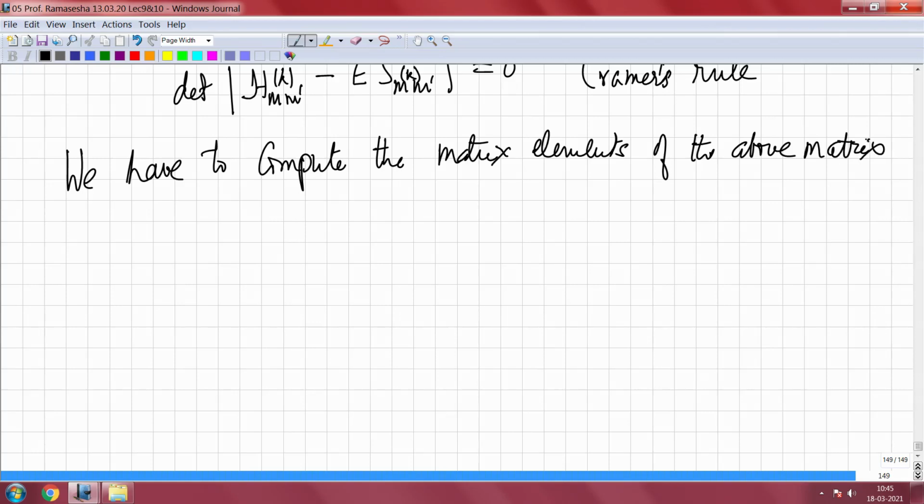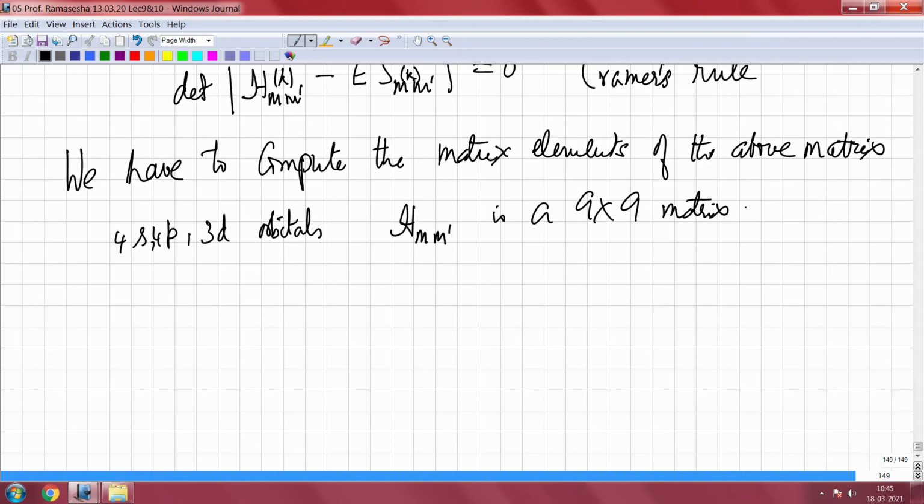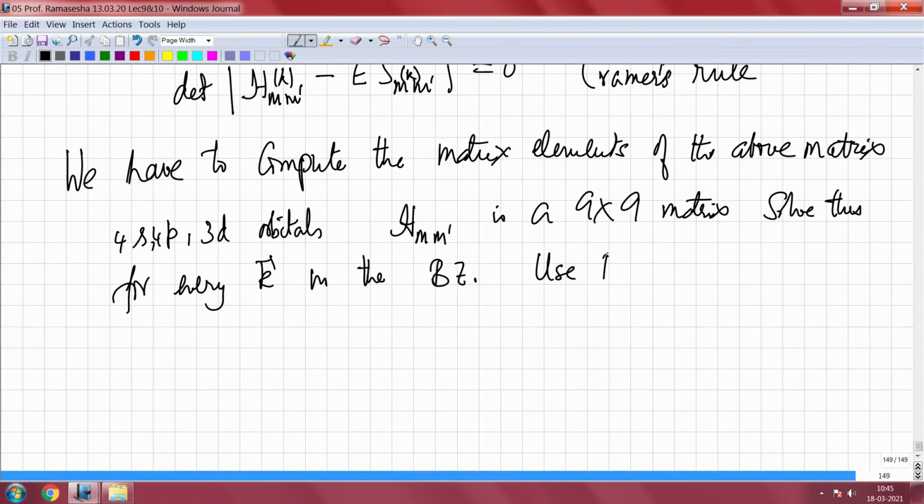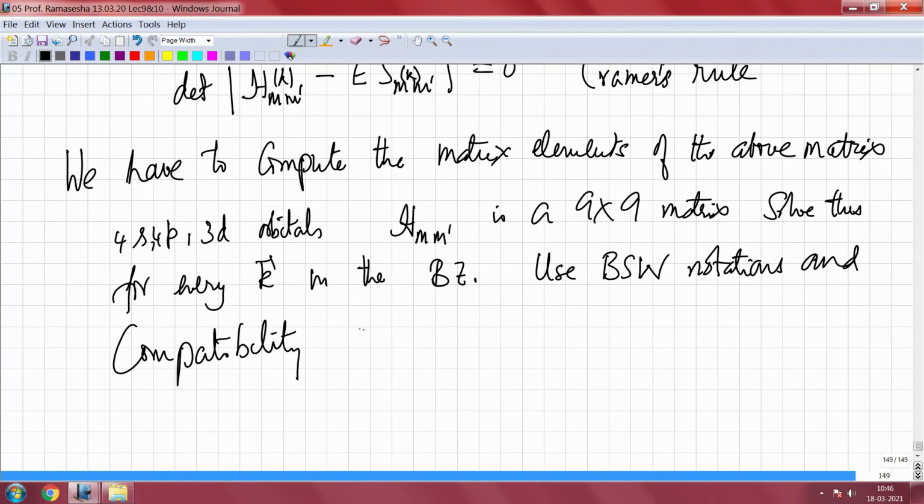The dimensionality of the matrix is actually, if I am using 4s, 4p and 3d orbitals, what we will have is this matrix H m m prime is a 9 by 9 matrix, and you solve this for every k in the Brillouin zone, use BSW notations and compatibility, to obtain the energy band structure.